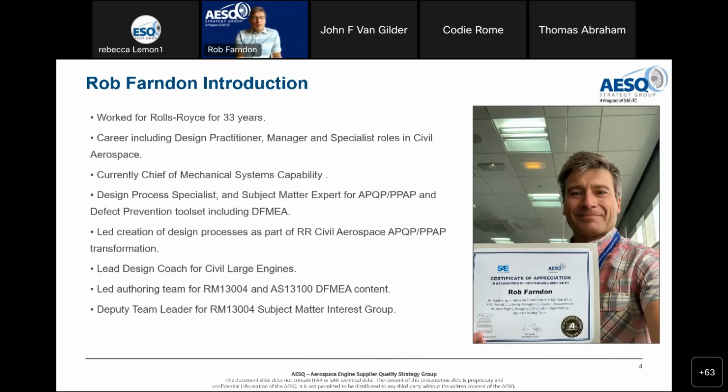I'm an expert within Rolls-Royce for APQP and PPAP, and particularly the defect prevention tools, including DFMEA. And as part of that, I led the authoring of RM13004 with a group of people from across the AESQ. I'm also the deputy team leader for the subject matter interest group for defect reduction, RM13004. That's me. Andrea, could you introduce yourself on the next slide, please?